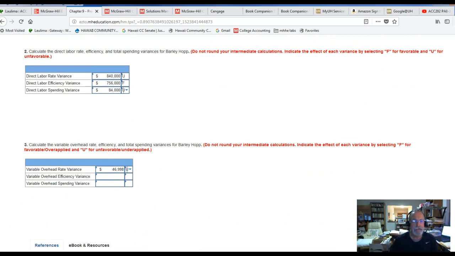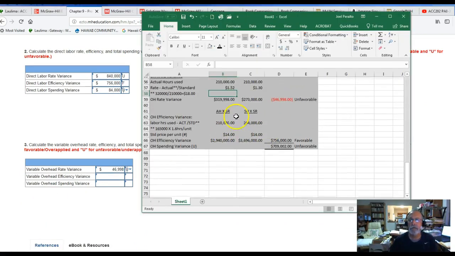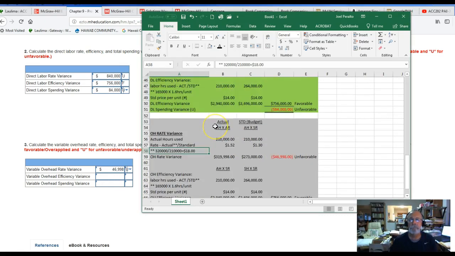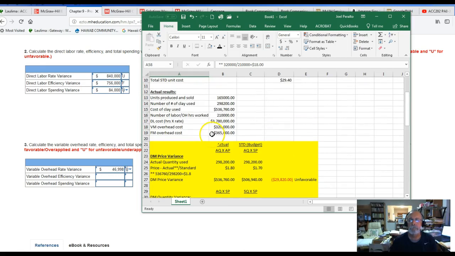So let's see if, variable overhead cost, I wonder if we need to include our 320 divided by 210.